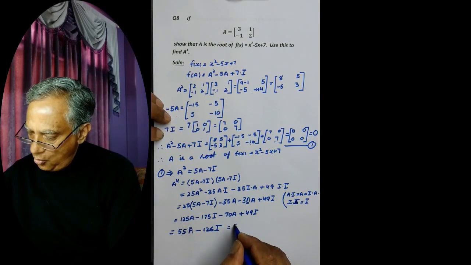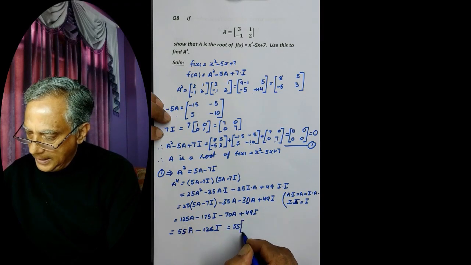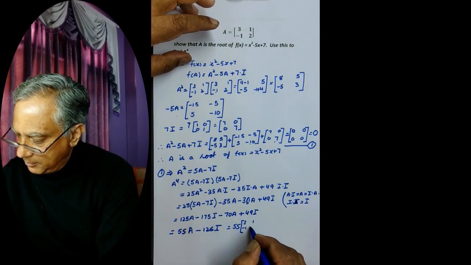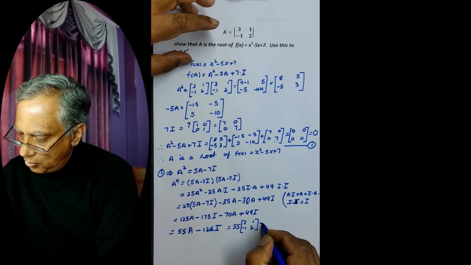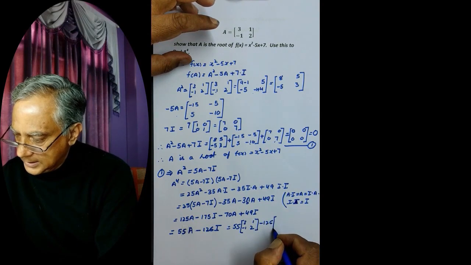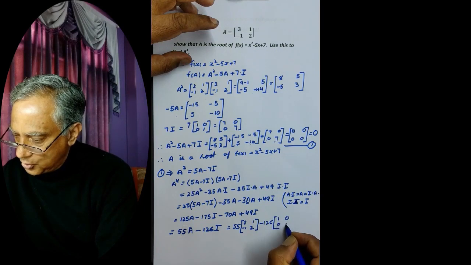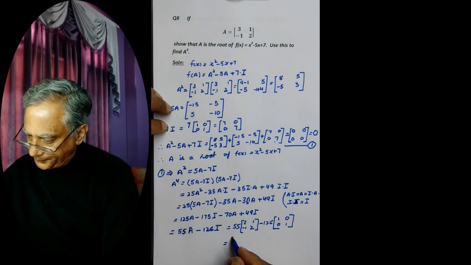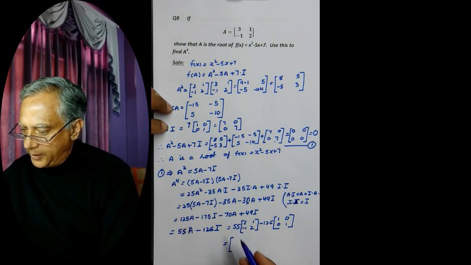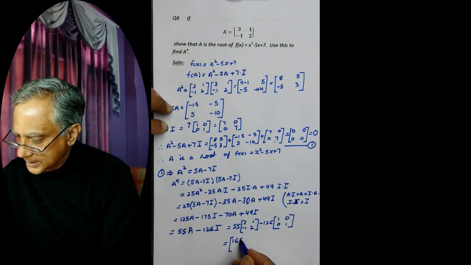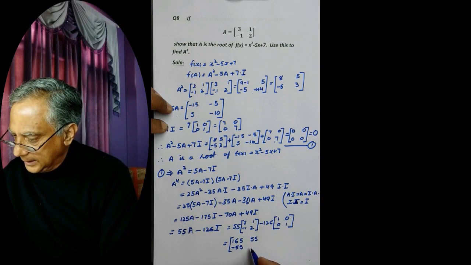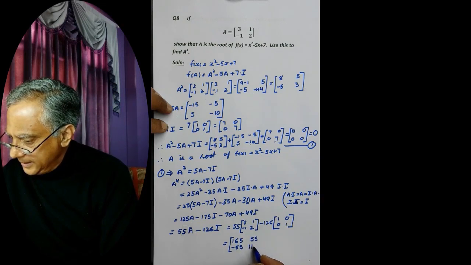And this is equal to 55A. How much is A? A is [3, 1; minus 1, 2]. Minus 126 into I. I is [1, 0; 0, 1]. So this is equal to 55 into 3, 165. This is 55. This is minus 55. And this is 110.